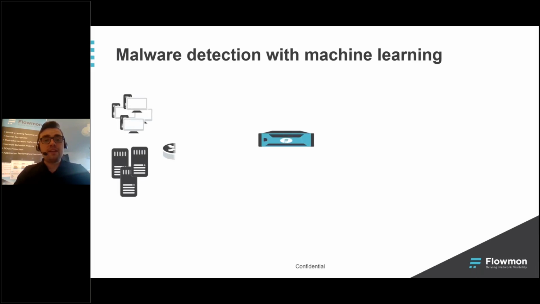So let's take a look at how it looks in the use case with NetFlow, with the standard layer 3, layer 4 information. On the left side, we have a network.